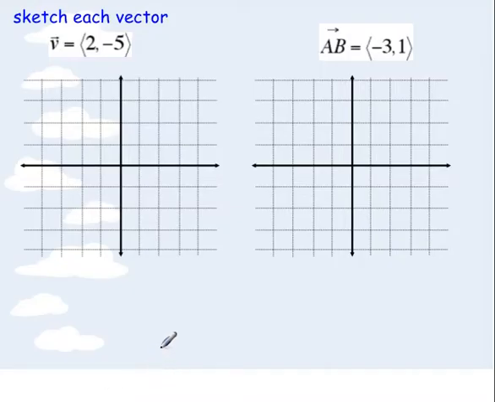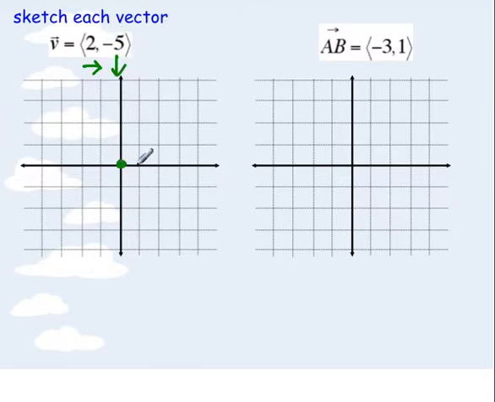Now, when you're asked to sketch a vector on a graph, you really could start anywhere you want, but I think the general rule would be to start at the origin. So if I was sketching the vector 2, -5, my x component is positive, so I'd be going to the right 2. The y component is negative, so we would be going down 5.